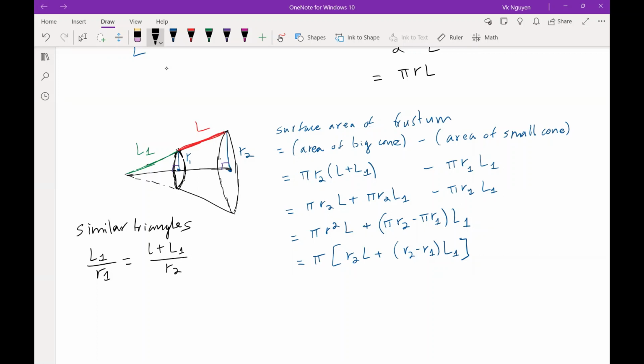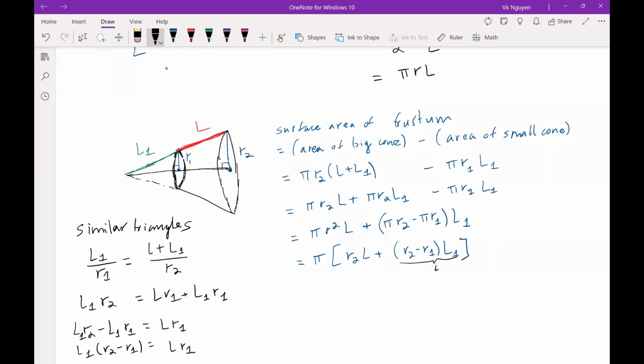So do the cross multiplication. L1 r2 is L r1 plus L1 r1. So I'm going to get the L1 on one side. L r1 is L1 r2 minus L1 r1. And then we say that L r1 is L1 times r2 minus r1. Hey, how nice.